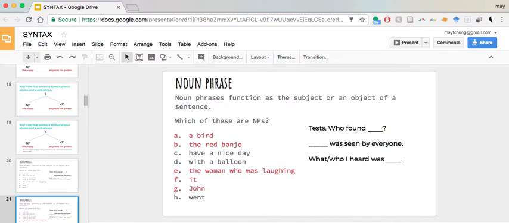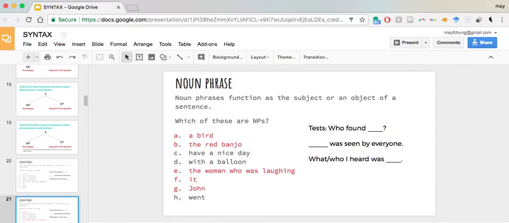How do we know? Because we also have tests for noun phrases. So here are the tests. You could say, who found blank, right? Blank was seen by everyone, or what or who I heard was blank. And all of these noun phrases would fit into the blanks, okay? So who found a bird? The red banjo was seen by everyone. Who or what I heard was the woman who was laughing, right?